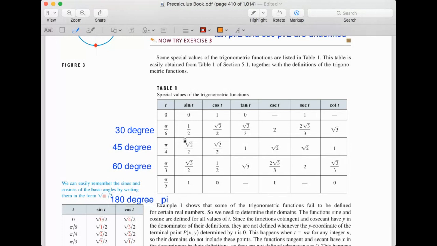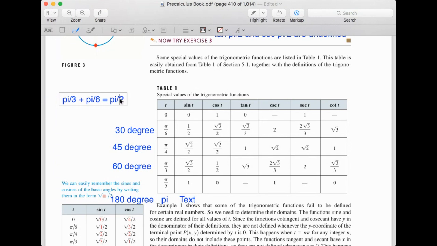Okay, those are some important values, as we calculated in the example, right? We calculated pi over 3. Pi over 3 and pi over 6 are complementary angles. Pi over 3 plus pi over 6 equals pi over 2. When 2 angles add up to pi over 2 or 90 degrees, we call them complementary angles.